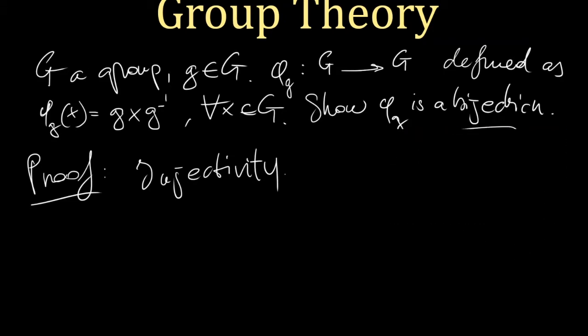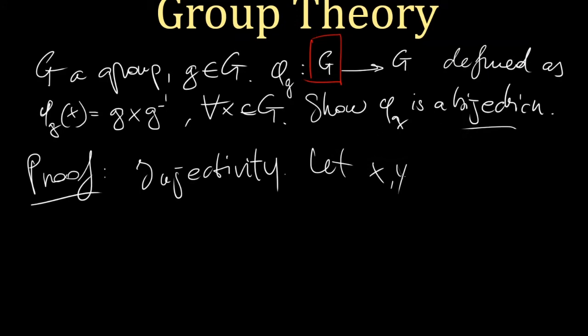So let's put two elements in the domain. Let x and y be elements of the domain. This is from the domain to the codomain. In this case, they are the same, so the only thing we have to make sure of is that everything is in the group.